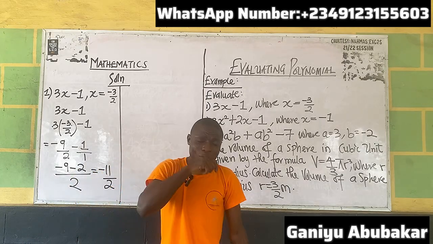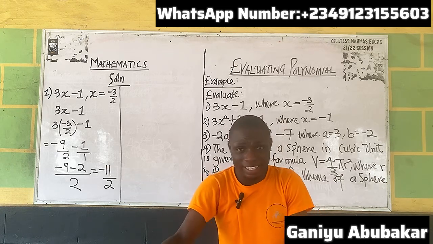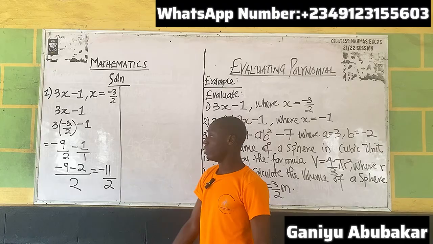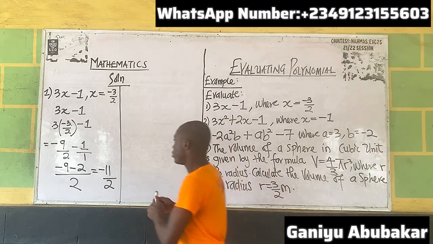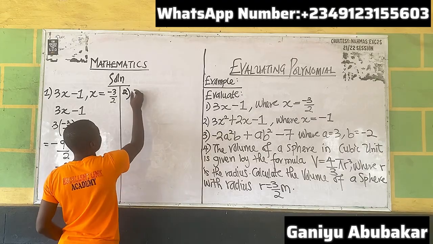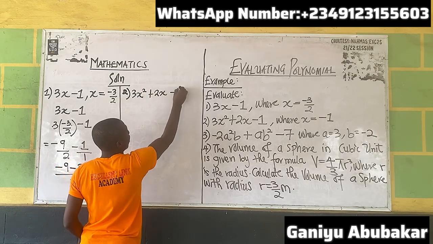So when it comes to this concept, you'll have an answer at the end of the workings. Number two is this one. I'm having 3x squared plus 2x minus 1.